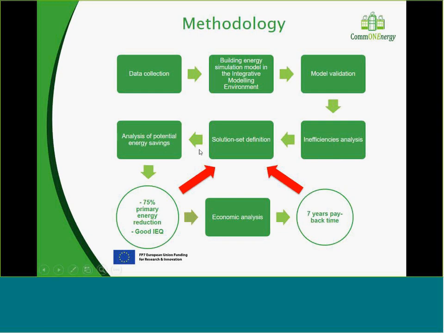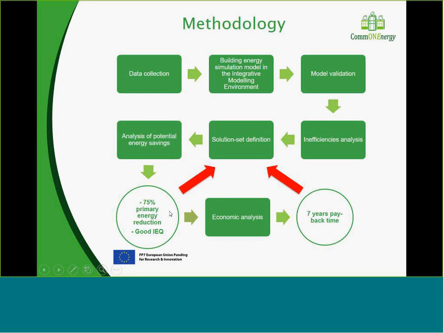We analyze the potential of energy saving on these solution sets, and we see if we manage to reach this 75% of primary energy reduction. If that was not the case, we move back to the solution set definition, and we start this iterative loop between solution set definition and analyzing the energy performance.